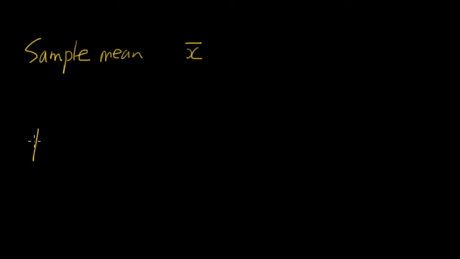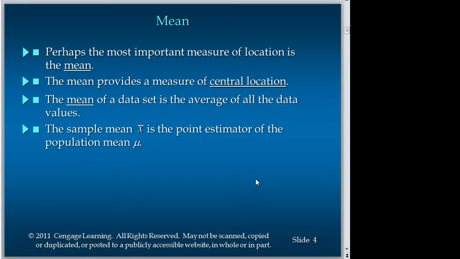And they also have the population mean. For population mean, they use the symbol mu, right? So we have sample mean and population mean. This is called X bar, this is called mu. So they use a different symbol for sample mean and population mean, right?